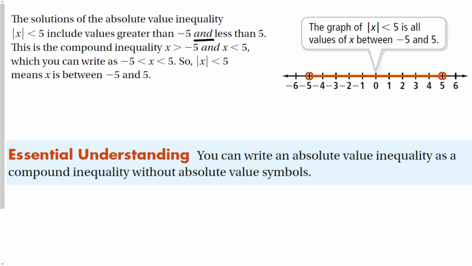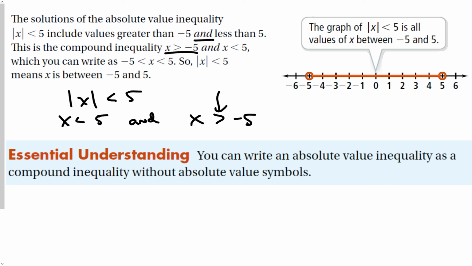If my absolute value inequality starts like this, the way I make it into a compound inequality is I say that x has to be less than 5, and look at the opposite, x is greater than negative 5. So really what you have to do is when you take the negative sign, when you look at the negative case, you also have to reverse the sense of the inequality.